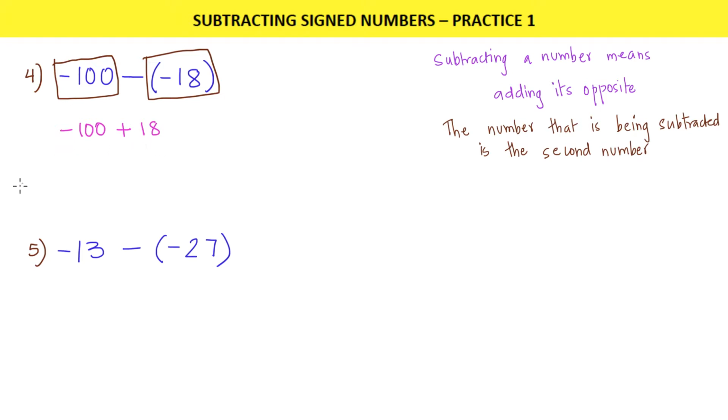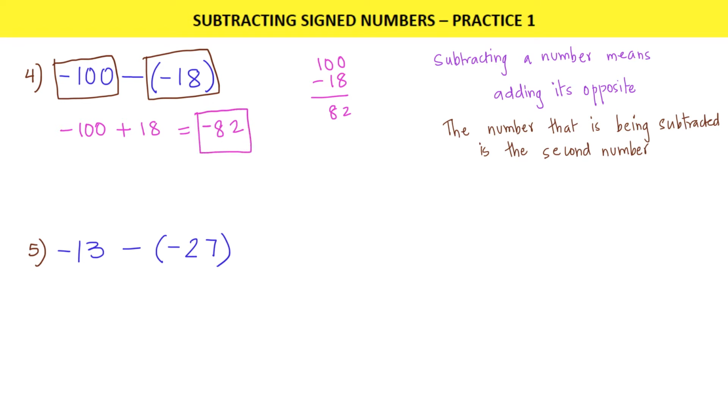That means they will cancel each other and something will be left over. Well, we have more negative than positive, so we will have a negative number left over. And let's cancel them by subtracting them. 100 minus 18, well, 100 minus 20 is 80, so 100 minus 18 will be 82. So that's negative 82.